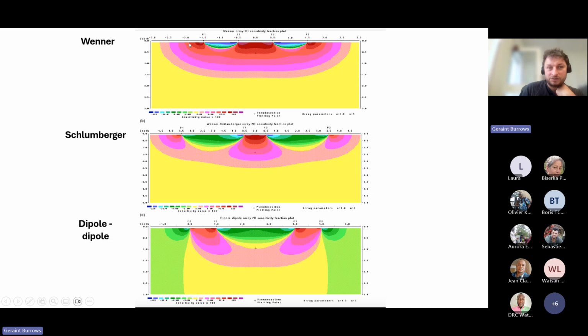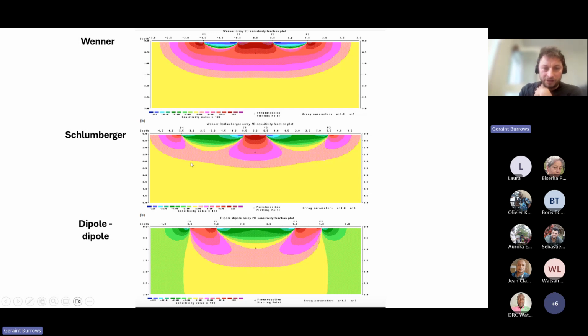So when there are changes in the heterogeneity of the ground laterally, this will take on those averages as well.